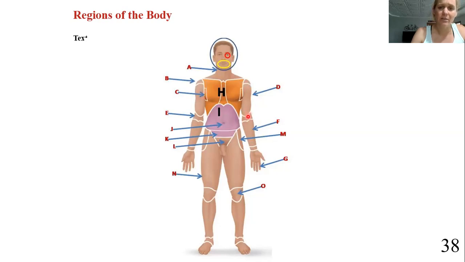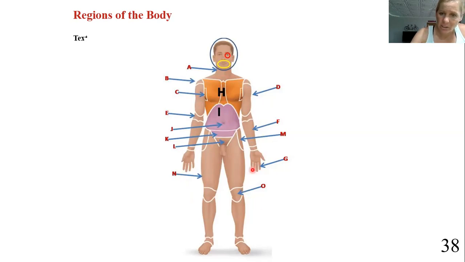D is brachial, so arm means brachial. Let's see, what else do you need to know? H is thoracic, so that's your thoracic cavity. I is abdominal. I'm just flipping to the ones that I really want you to know. N is femoral, so your femur lies within this area.